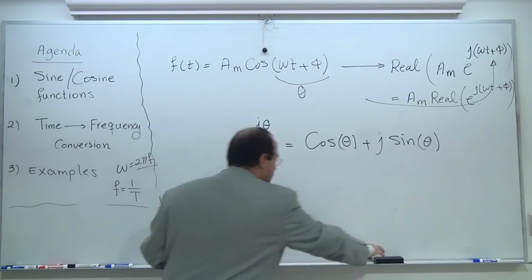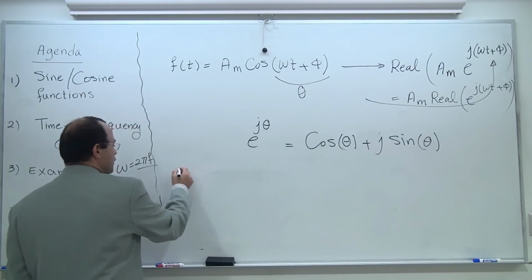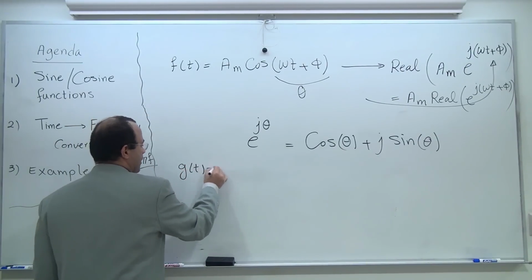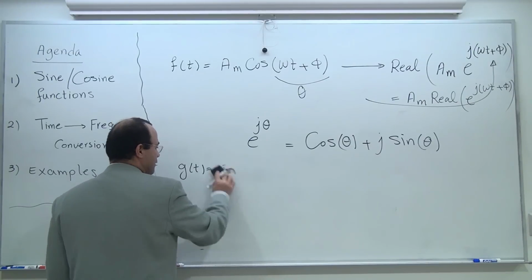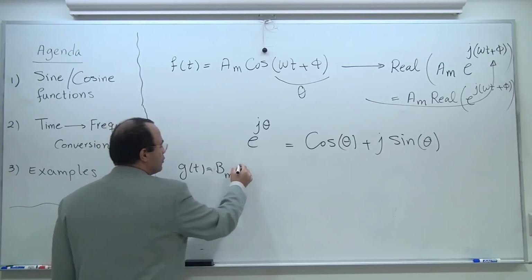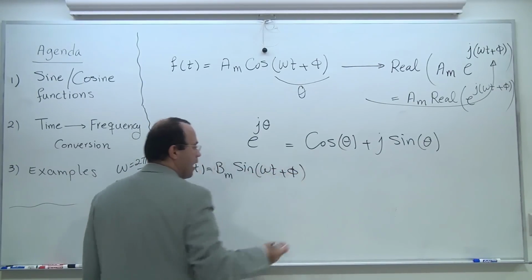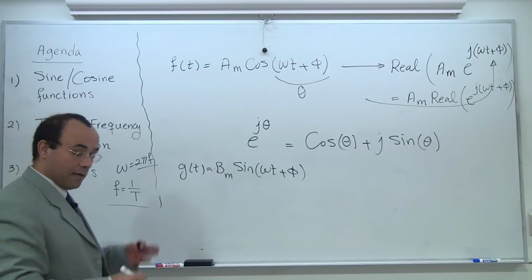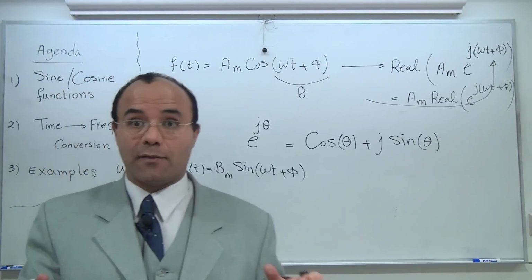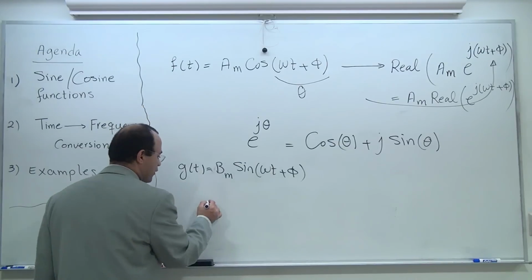If I have a sine function, how can I go about this? You have two options. If you want to say my function is sine of, let me actually assign an amplitude, let's call this Bm, an amplitude, sine of omega t plus phi. How do I go about this? Well, we made a deal together, and the deal was that you need to present this in the form of a cosine function.